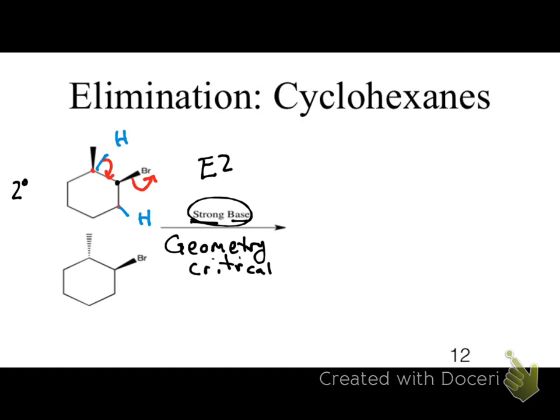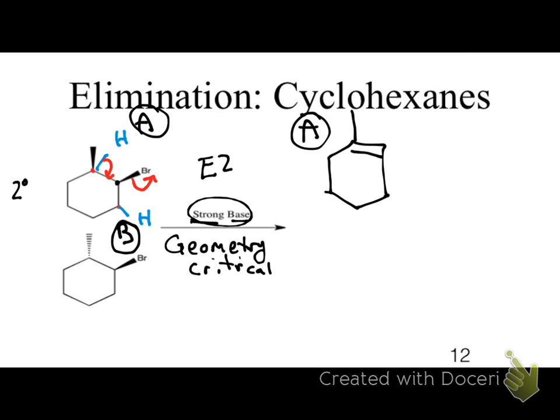What would our product look like in that case? There's our double bond. We'll call that A. If we look at B, what's our product for B if we pulled that hydrogen off?